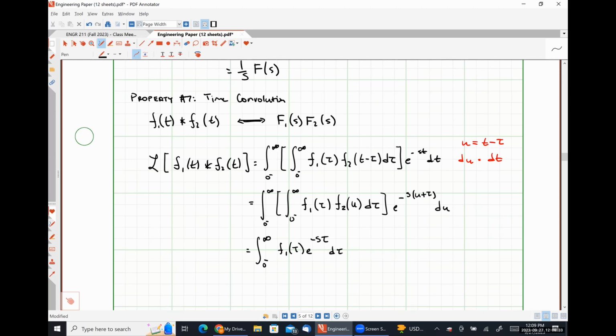So I'm splitting this exponential up into two things. One is e to the negative s times tau. The other is e to the negative s times u.